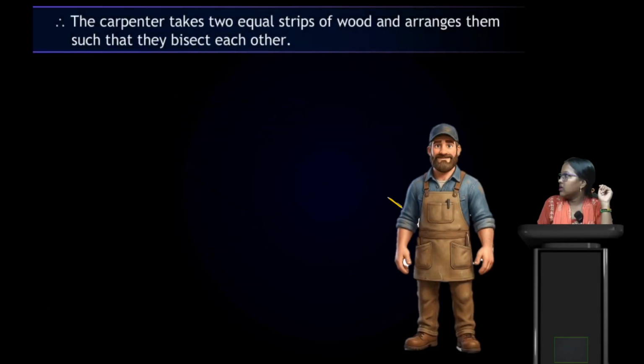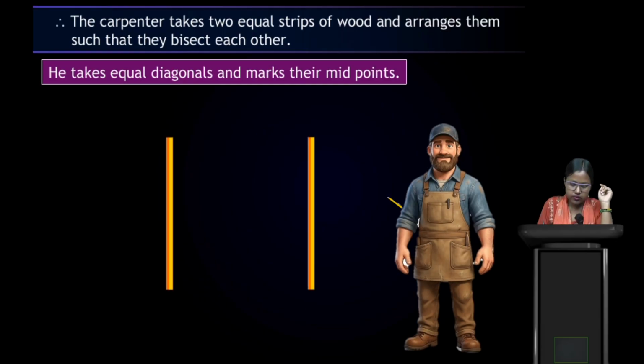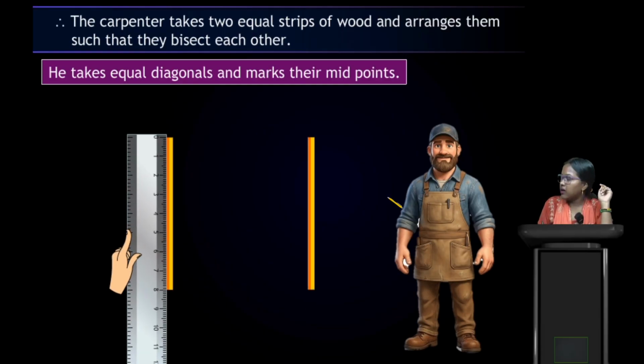Okay. Now again, what is he doing? He took the two equal strips of wood and arranged them such that they bisect each other. He takes equal diagonals and marks their midpoints. First he took the strips and then he marked their midpoints with the scale.